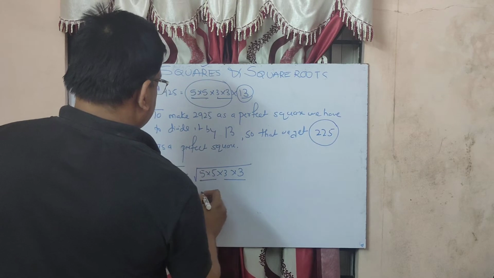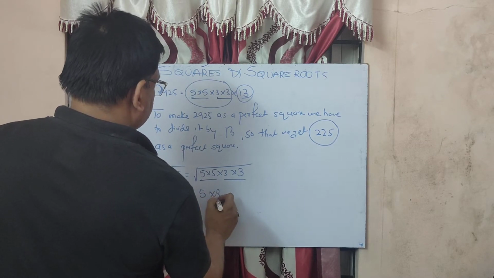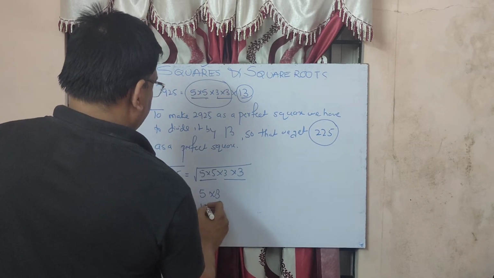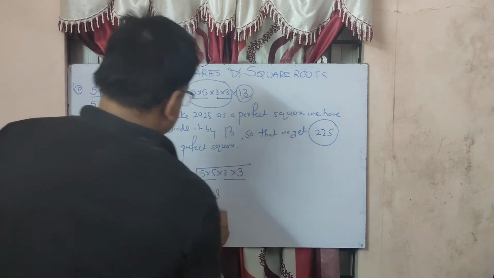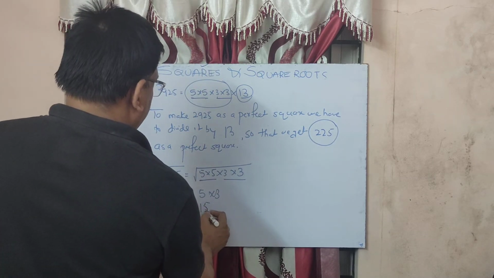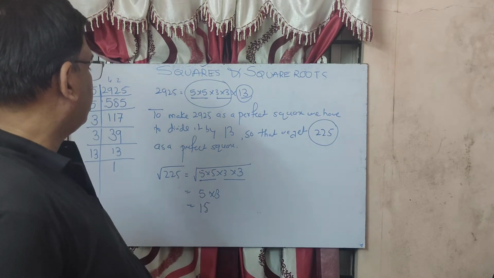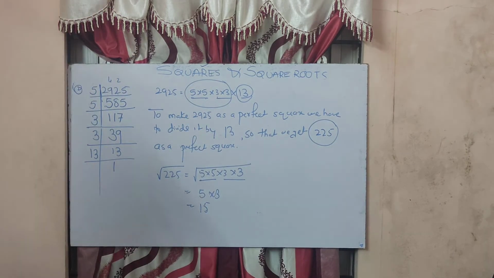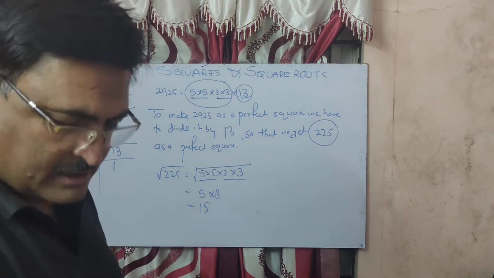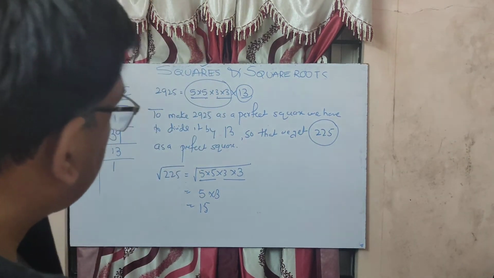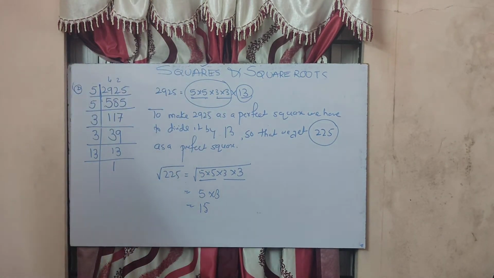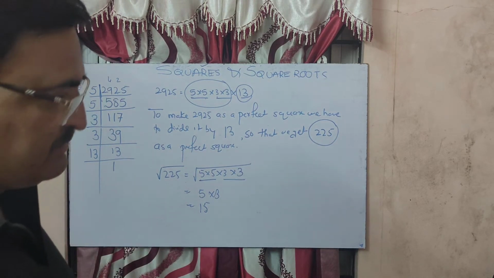This is 5, this is 3. 5 3s are 15. So 15 is the square root of 225. This is how you have to do the example. Now let us do another example.